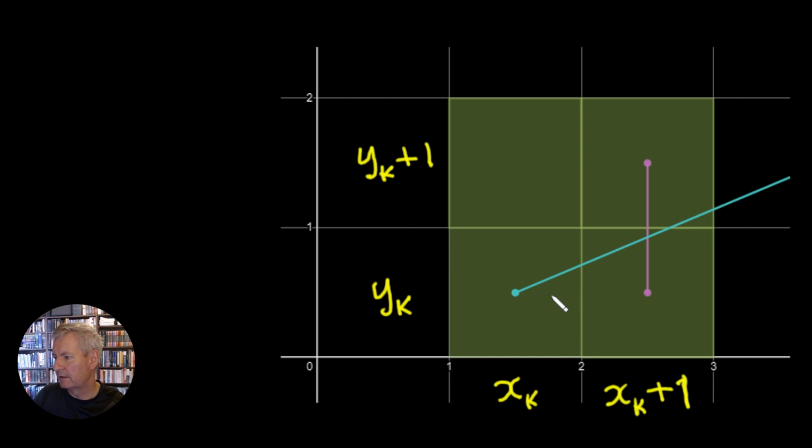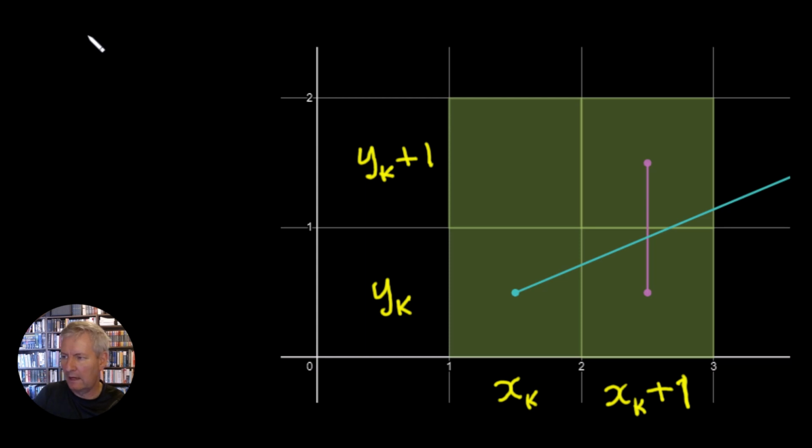So we can think about this here as the xk block, or alternatively yk, and we can think of the next block here as xk plus 1. But whenever we make our decision, we're going to be deciding between the yk block and the yk plus 1 block.